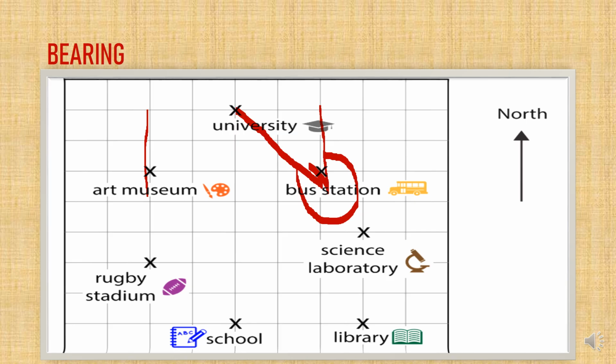Make sure your north line is vertical and it is parallel to the easting, so that you don't miss the correct answers. Right, then you join the 2 points with a straight line like this. The angle in question starts from the north line in a clockwise direction up until we meet the line which joins the places. Right, this is the angle in question. Then you use a protractor to measure.